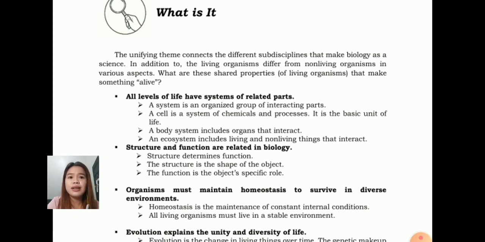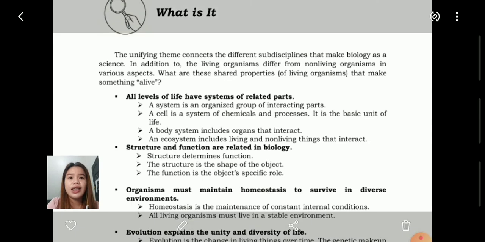This system is an organized group of interacting parts. A cell is a system of chemicals and processes. It is the basic unit of life. A body system includes organs that interact, and an ecosystem includes living and non-living things that interact.